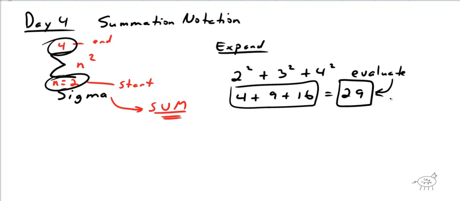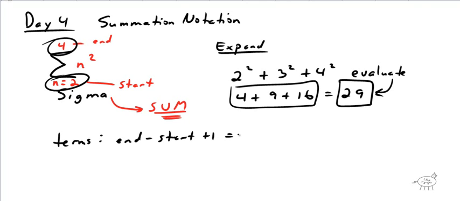Okay? And let's look at the number of terms here first, math fans. Basically, do you see I have 3 terms here? I have the 4 and the 9 and the 16. Well, the way you get the number of terms is you're going to do the ending value minus the starting value, and then it's going to be plus 1.